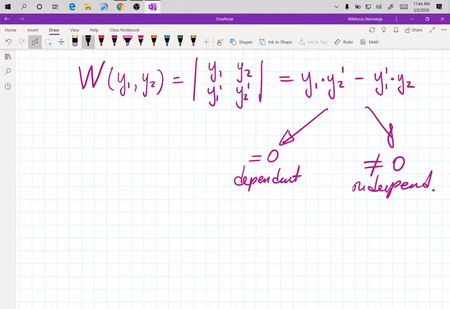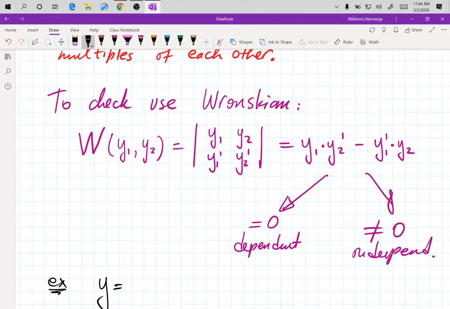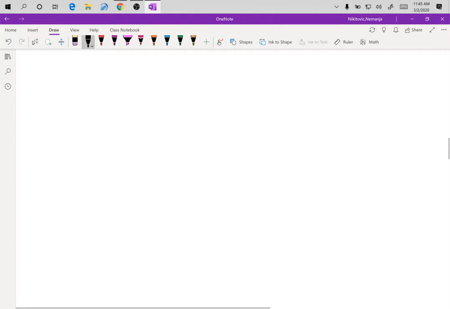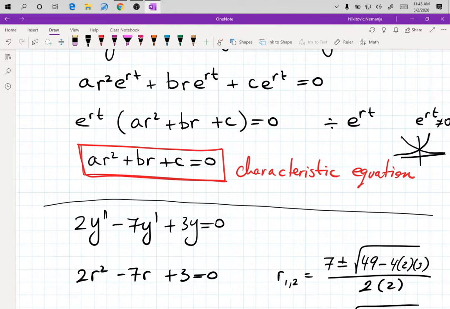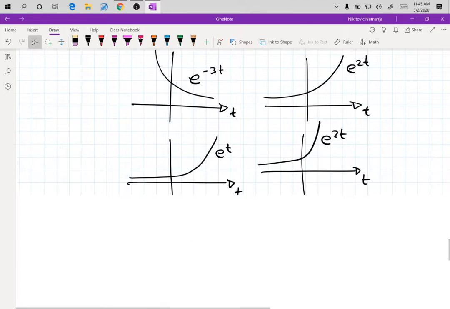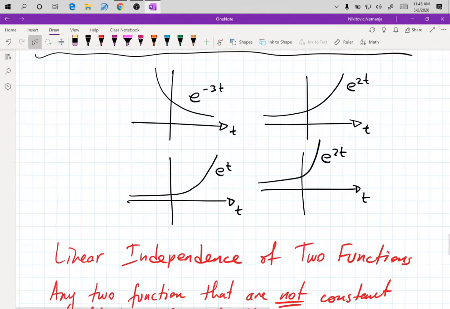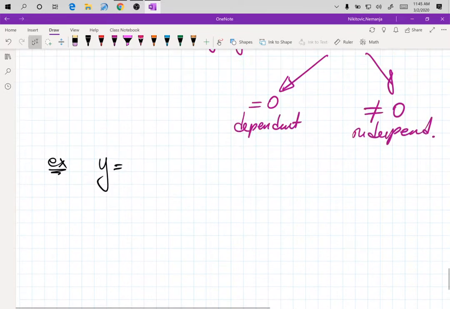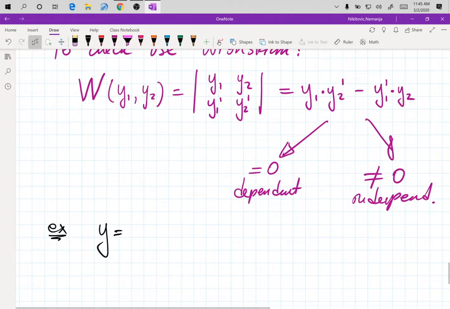Cool. So example now is what's happening with our y equals, what do we have with all those numbers? We don't actually need those c's at all, but really. 3 and 4, okay. 3e to the negative 3t plus 4e to the 2t.